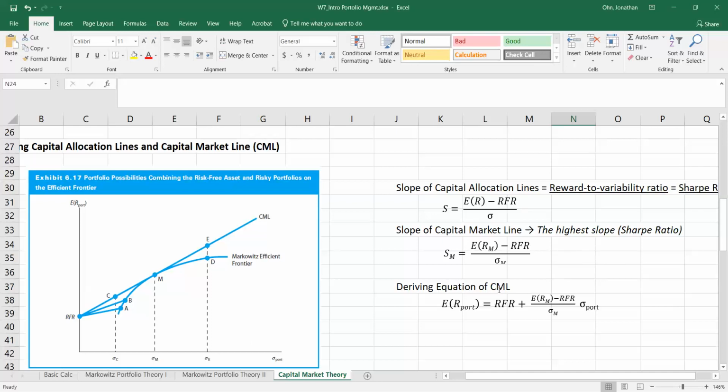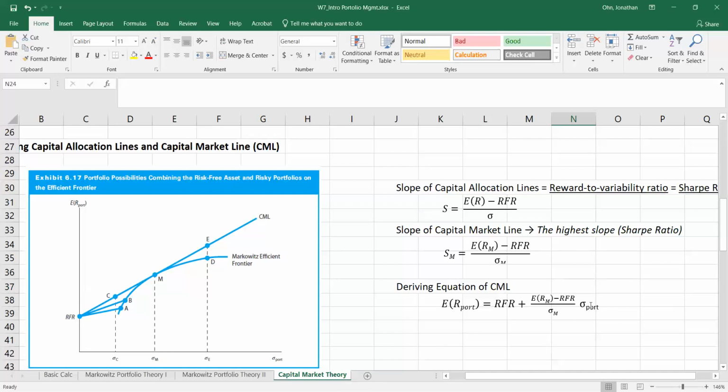And the equation of the capital market line is simple. The intercept is the risk-free rate of return, plus the slope, the Sharpe ratio, times the x variable, the standard deviation of any portfolio. So the expected return of any portfolio is the risk-free rate of return plus the Sharpe ratio times standard deviation. That's it, right?